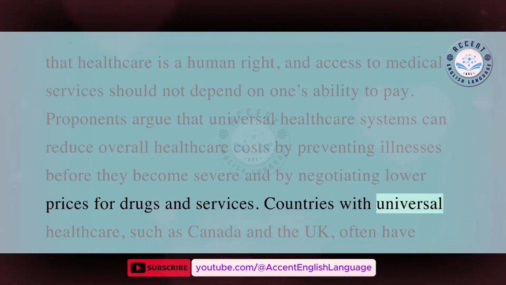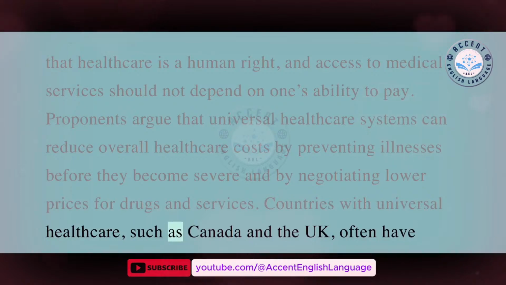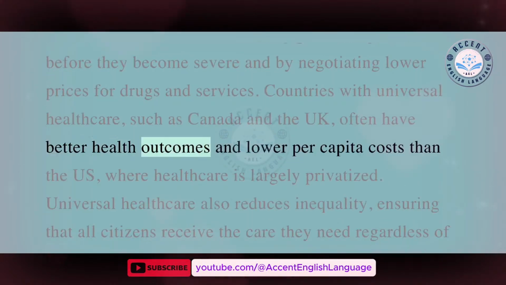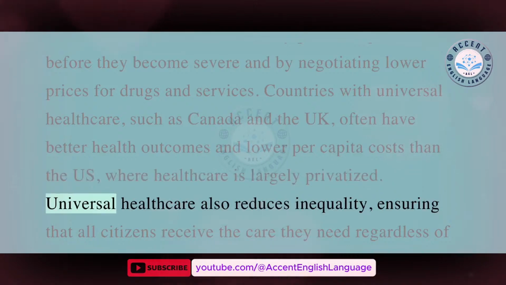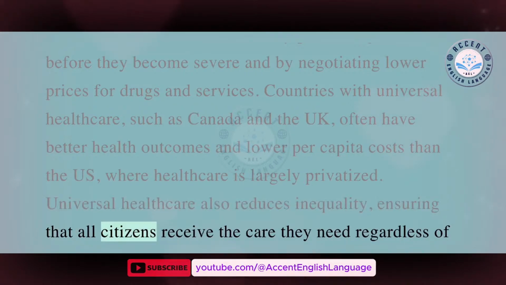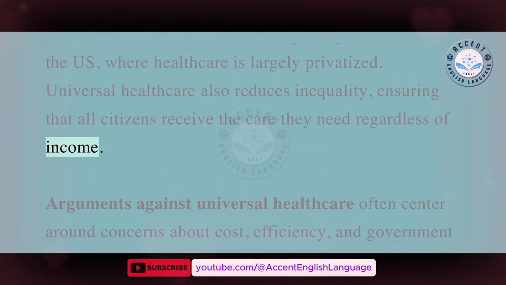Countries with universal healthcare, such as Canada and the UK, often have better health outcomes and lower per capita costs than the US, where healthcare is largely privatized. Universal healthcare also reduces inequality, ensuring that all citizens receive the care they need regardless of income.